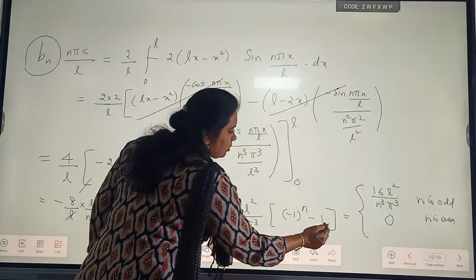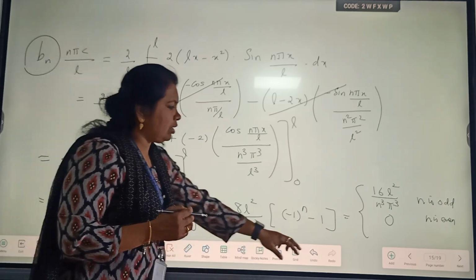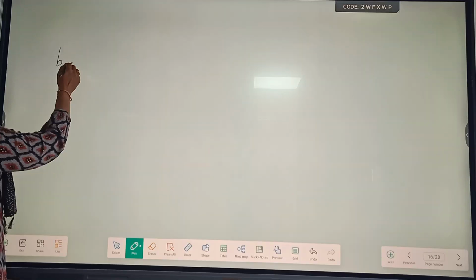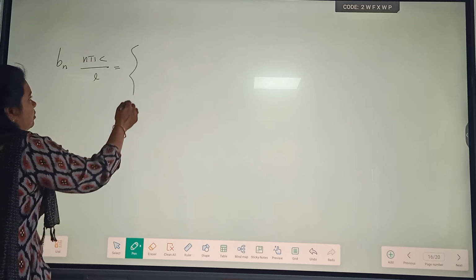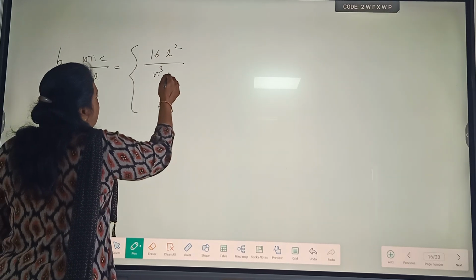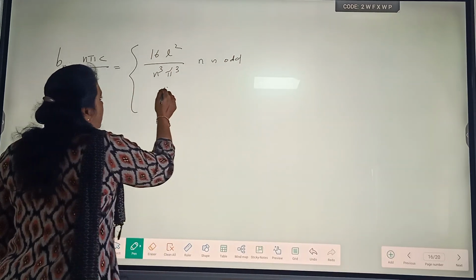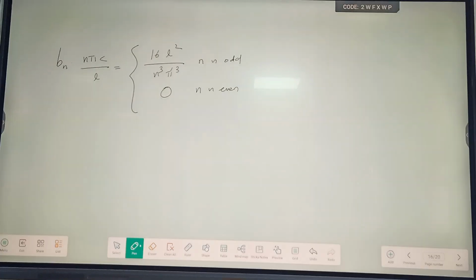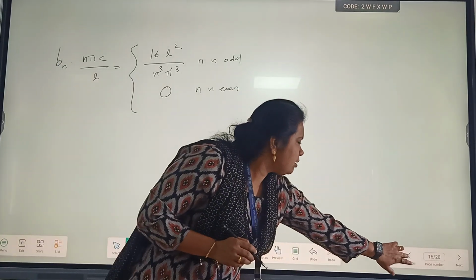Therefore, Bn is equal to, so what is the final answer? n pi c by L is equal to 16 L square by n cube pi cube when n is odd, and 0 when n is even.